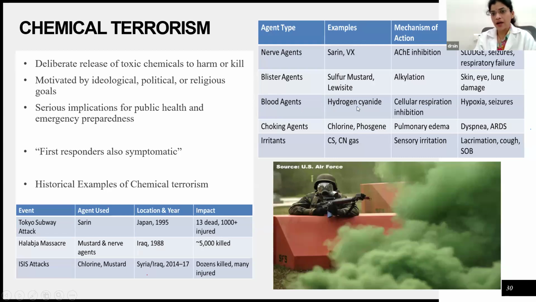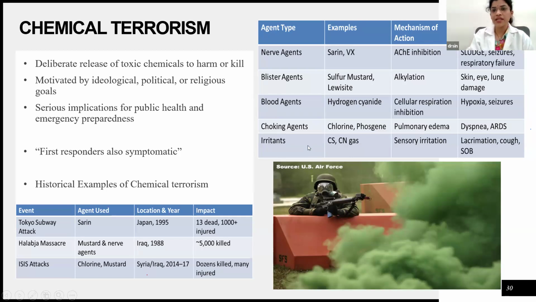In blood agents like hydrogen cyanide, the mechanism of action is inhibition of cellular respiration, and clinical effects range from hypoxia to seizures. In the case of choking agents like chlorine and phosgene, the mechanism is pulmonary edema, and the clinical effects we see are dyspnea and ARDS.